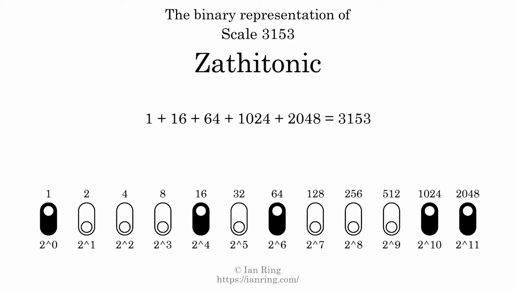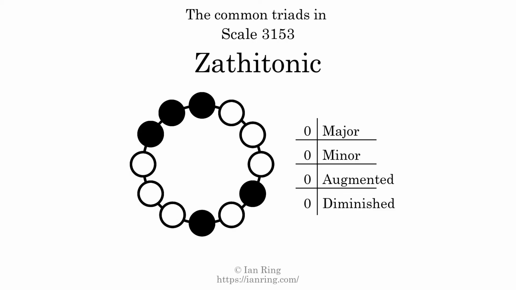That is why the scale number, in decimal, is 3153. The scale number not only enumerates the scale with a unique index, but it also literally describes the tonal content of the scale. Represented as a binary number in base 2, the scale number is 110010100001. There are no common triads present in this scale.